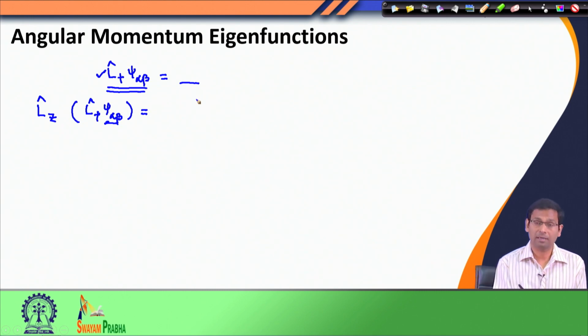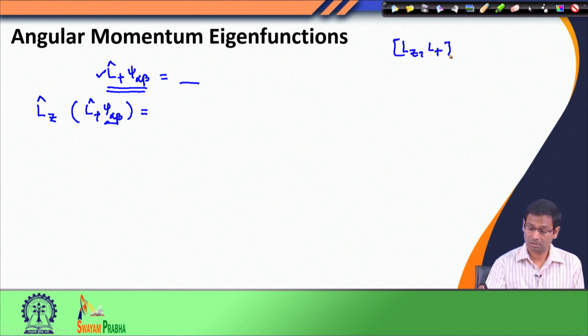I know from my previous class that Lz and L plus do not commute, rather the commutator between Lz and L plus is h bar L plus. Therefore, Lz L plus minus L plus Lz will be h bar L plus.